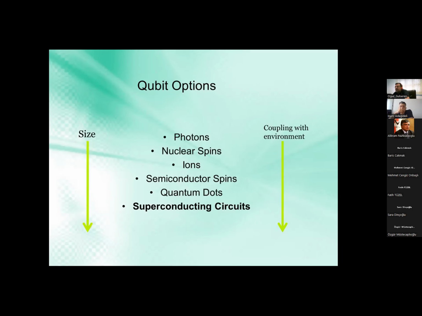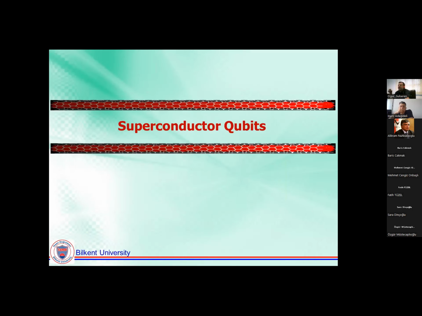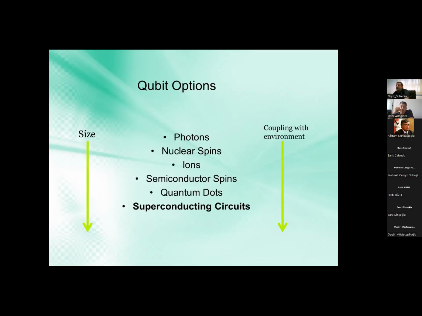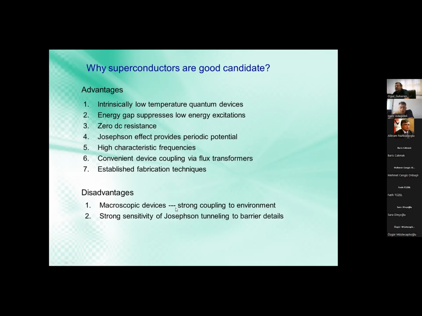I spent time on this since these are all used in the superconductor qubit. As I already said, there are many different approaches, but the one reliable one is the superconductor one, because of several advantages.